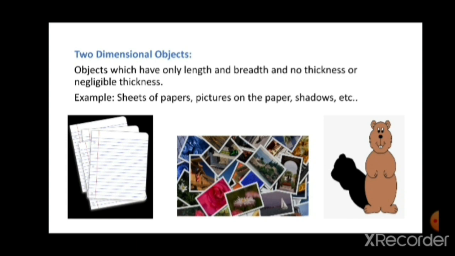Then pictures on the paper, or photographs, are also examples of two-dimensional objects. Then shadow. When we stand, our shadow falls on another side. So shadow is also an example of a two-dimensional object.